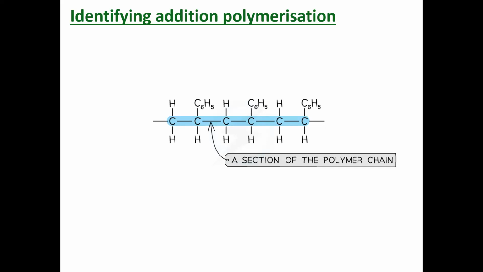Addition polymerization is coming from AS, but the C6H5 benzene link is actually coming from our A2.